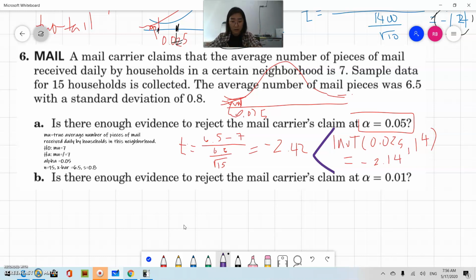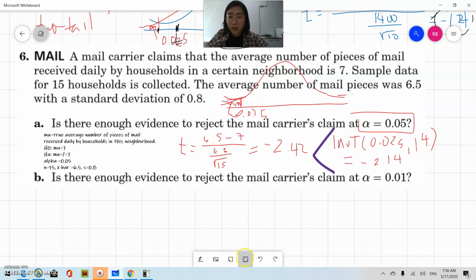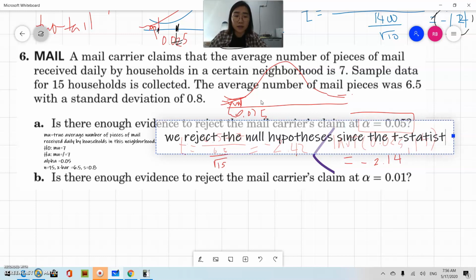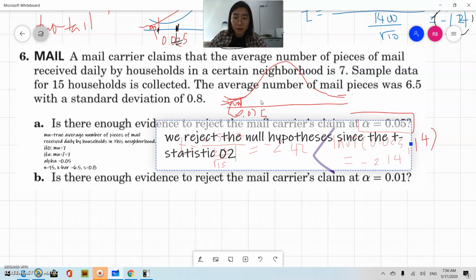So the conclusion we have is we reject the null hypothesis. We reject the null hypothesis since the t statistics negative 2.42 is smaller than negative 2.14.